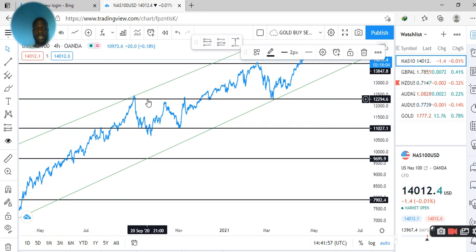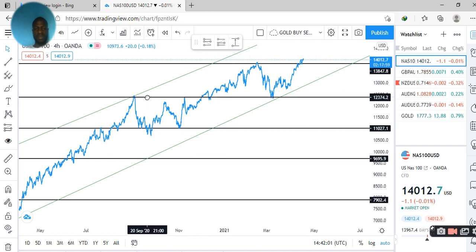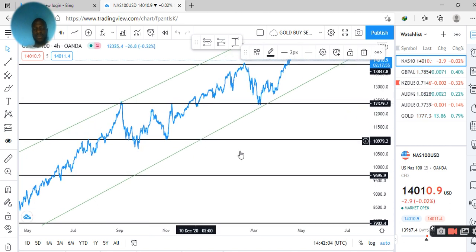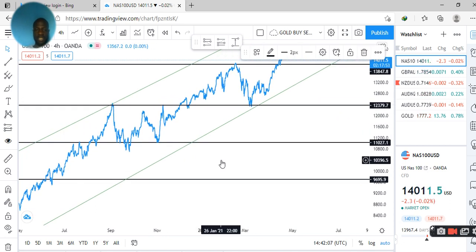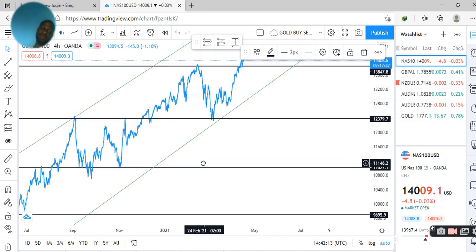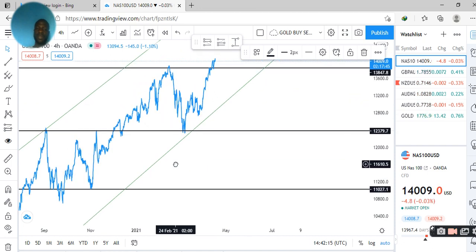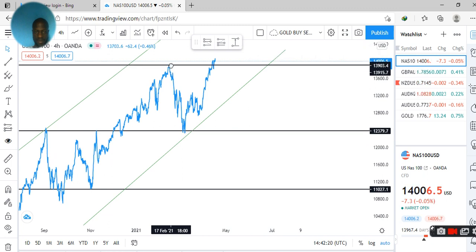This one you can move a little bit up, somewhere there. Yeah, it's okay there. So you can keep adjusting, just to make sure that you are getting the most number of touches, and also getting those precise levels, right? Even this one I can move a little bit up, somewhere there.